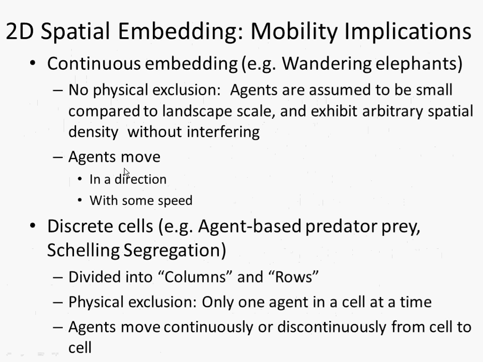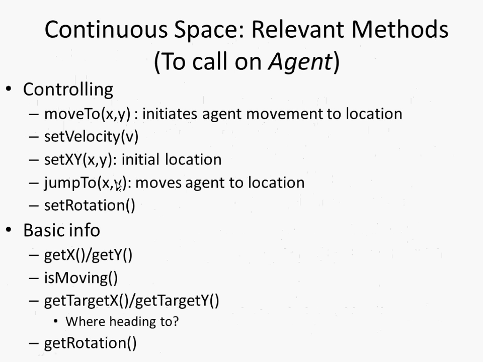They sail across the space in a smooth sort of way with some velocity, and they go in a certain direction. In discrete space, they move to another cell. They hop to another cell, a cell next to them or a cell across the space. Similarly, they can hop in continuous space to another location, but it's a little bit more common for them to move slowly, in a sort of continual way.